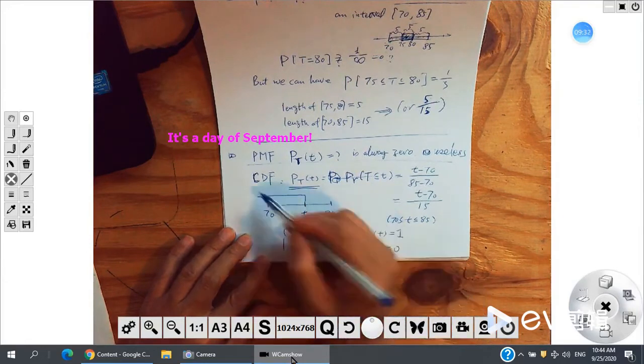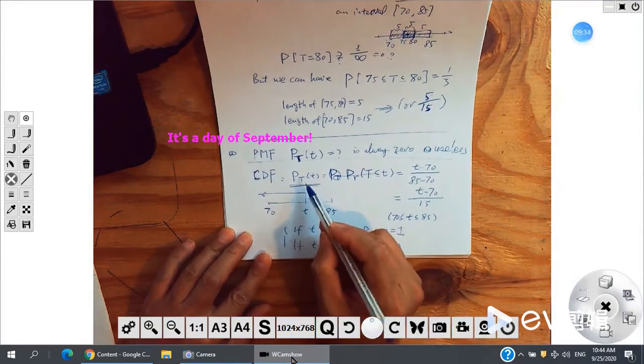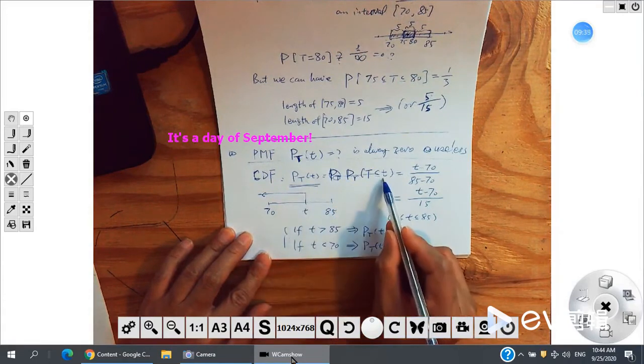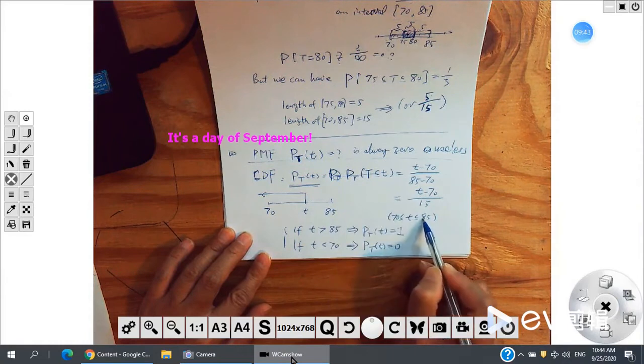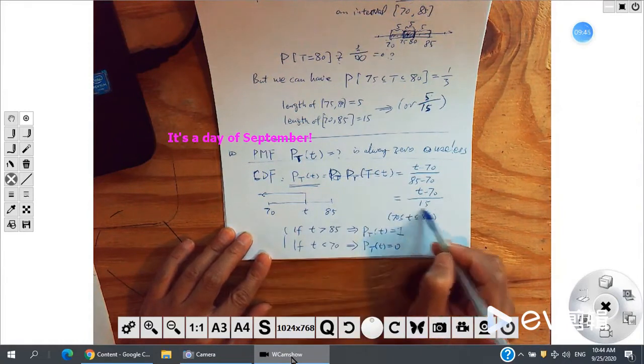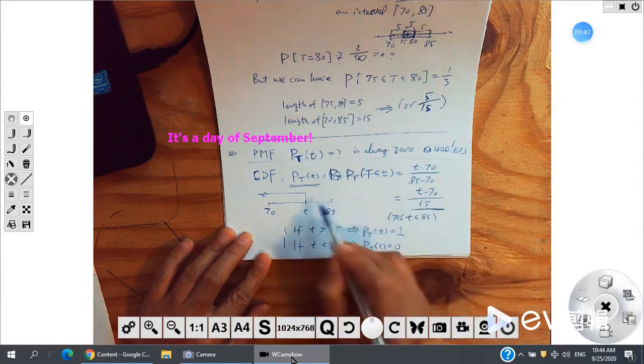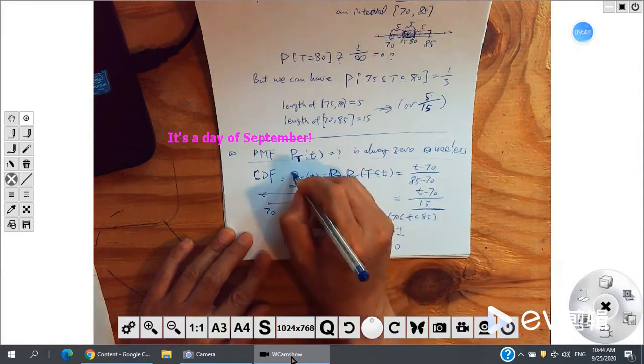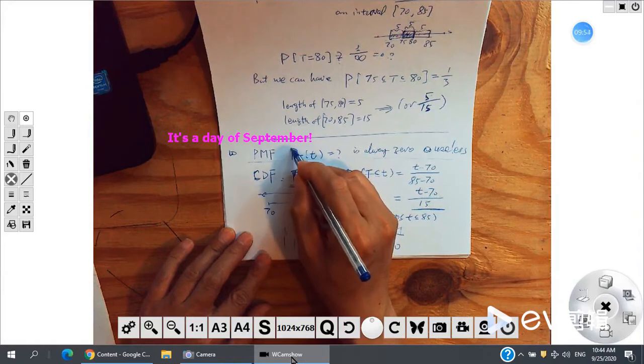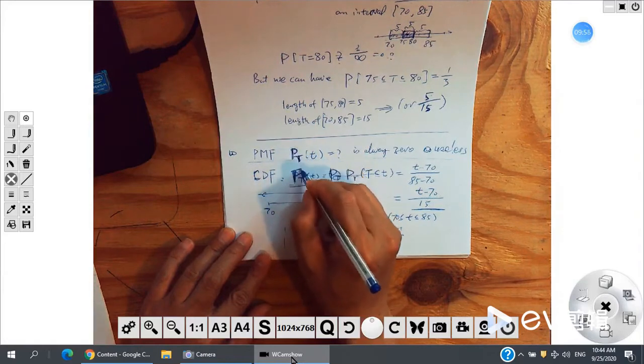Okay, so we can have a CDF for this random variable, capital T. If the value t, lowercase t, is between 70 and 85, then we use this formula to find the CDF. Oh no, sorry, we should use F_T. The P_T is a mass function, the F_T is a CDF.